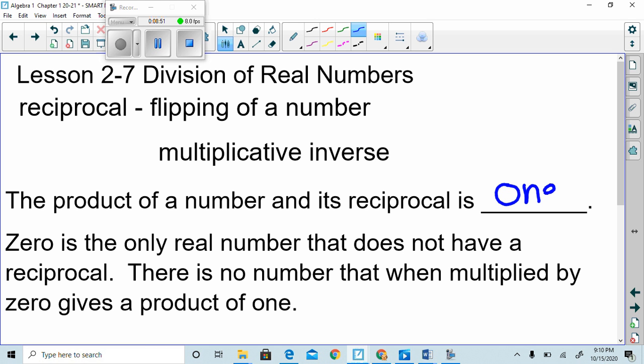That's going to be helpful to eliminate fraction coefficients, to simplify expressions. 0 is the only real number that does not have a reciprocal. There's no number when multiplied by 0 that will give you a product of 1. So we look at that as being an exception to the rule.